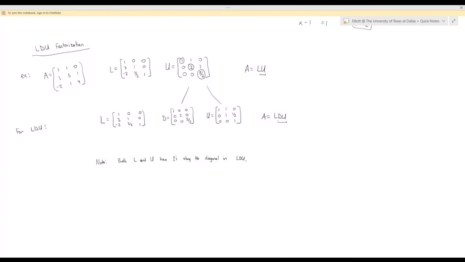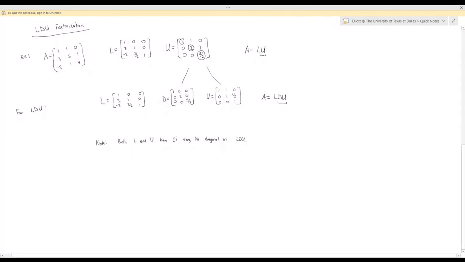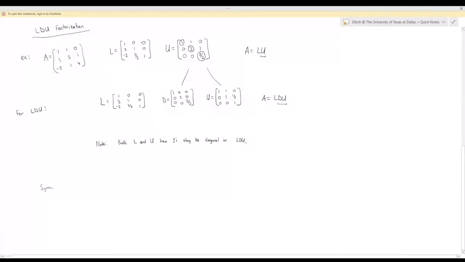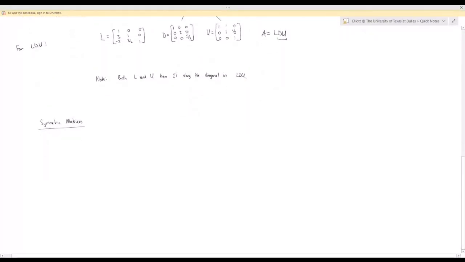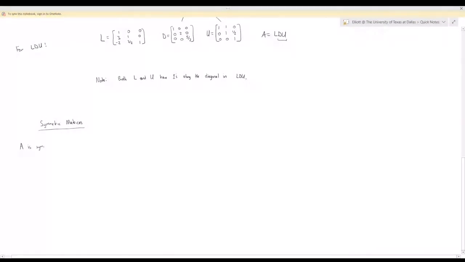LDU factorization is also pretty useful in some applications for symmetric matrices. So I'm going to do a little review on what symmetric matrices are now. So a matrix A is symmetric.